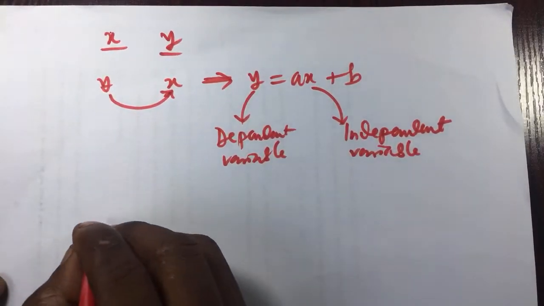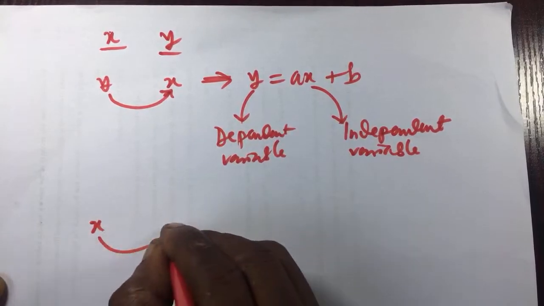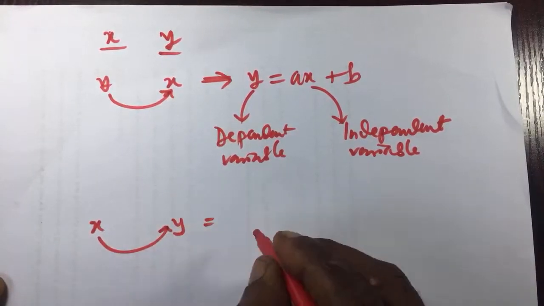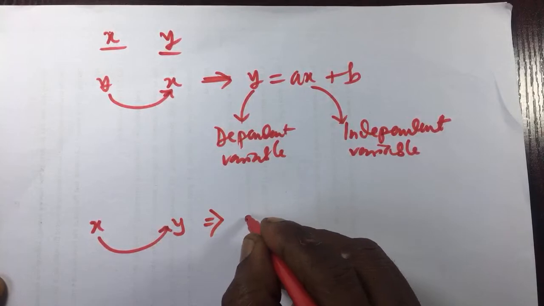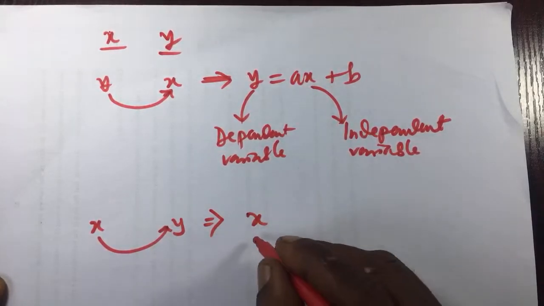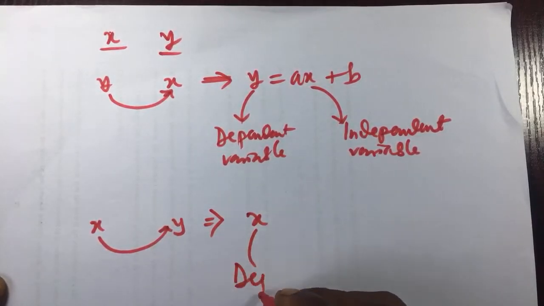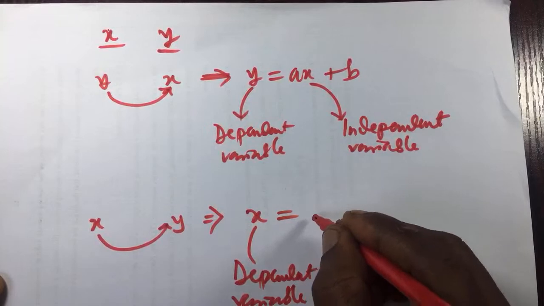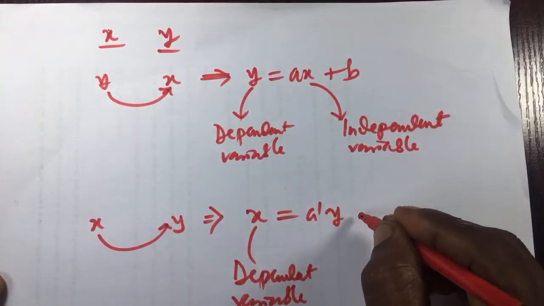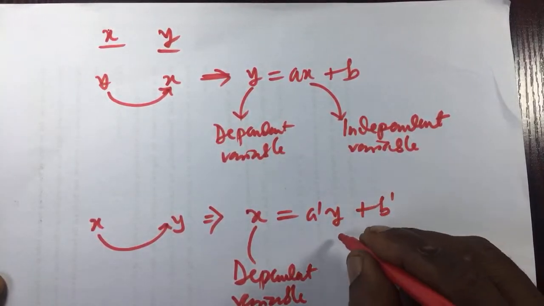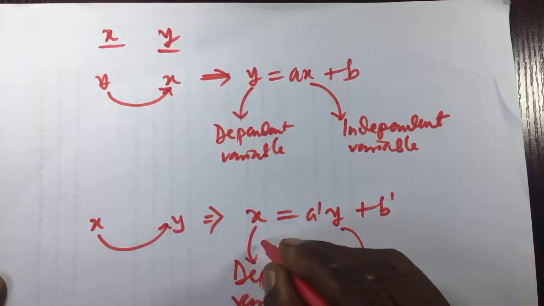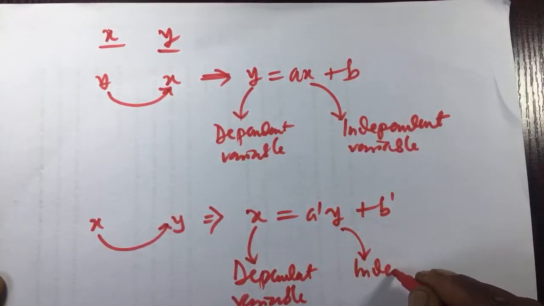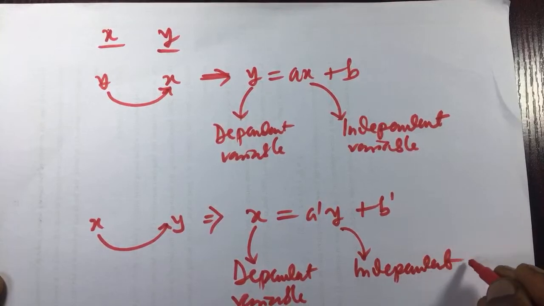But when you regress x on y, it makes x the dependent variable, and in this case you have a prime y plus b prime. And in this case, what does y become? It becomes the independent variable.